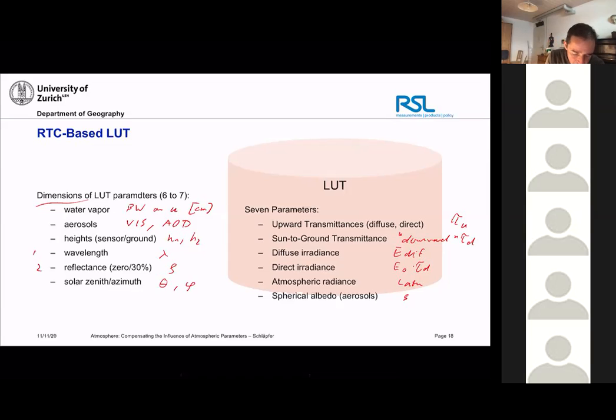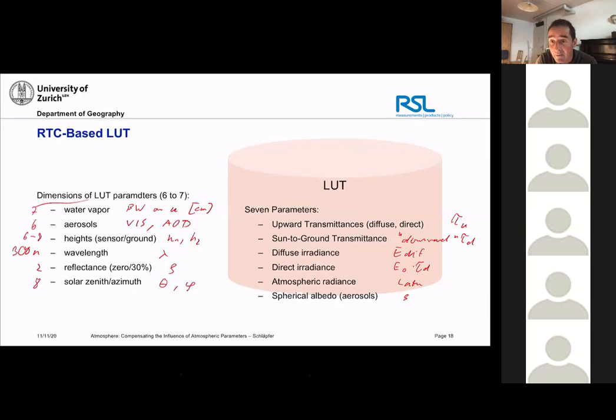This makes about number of wavelengths, that's number of bands in your sensor, maybe 300. Then you get the heights. There we store about 6 to 8. Aerosols are also in the range of 6. Water vapor is in the range of about 7. And solar azimuth is about 8. So we calculate for 8 solar zenith angles all the other situations.